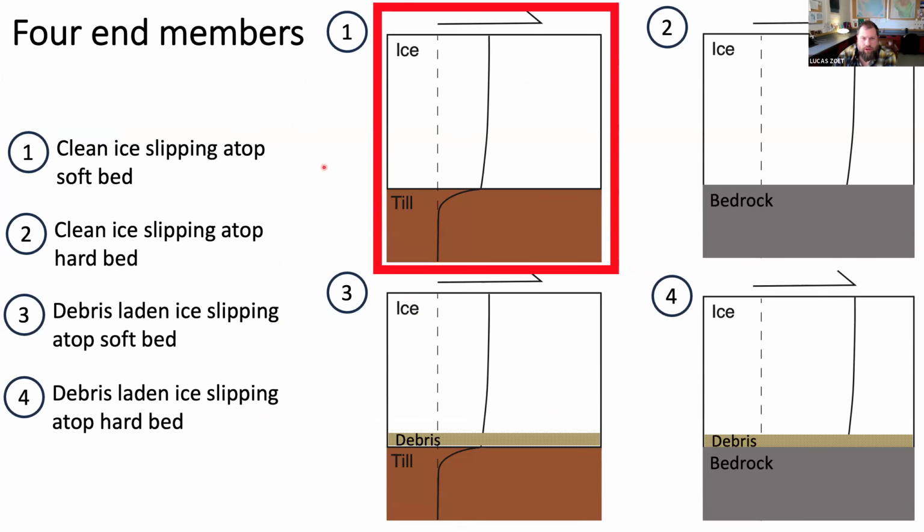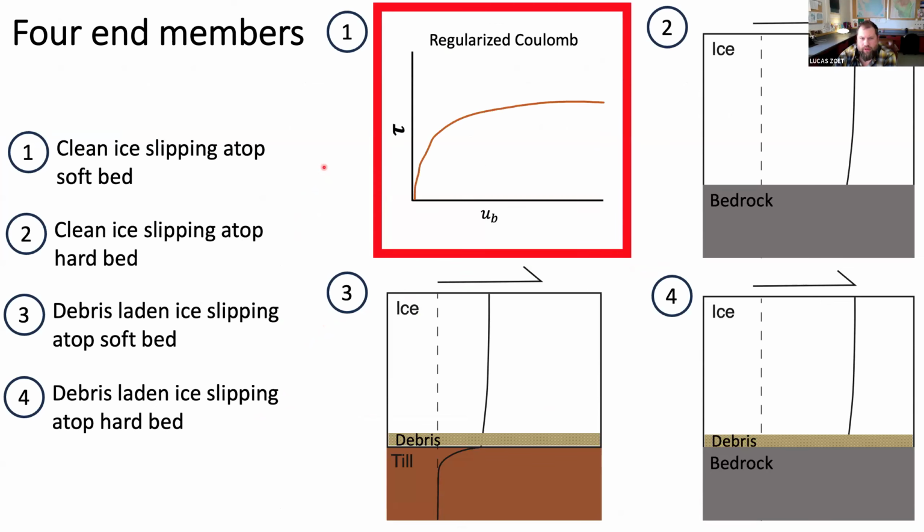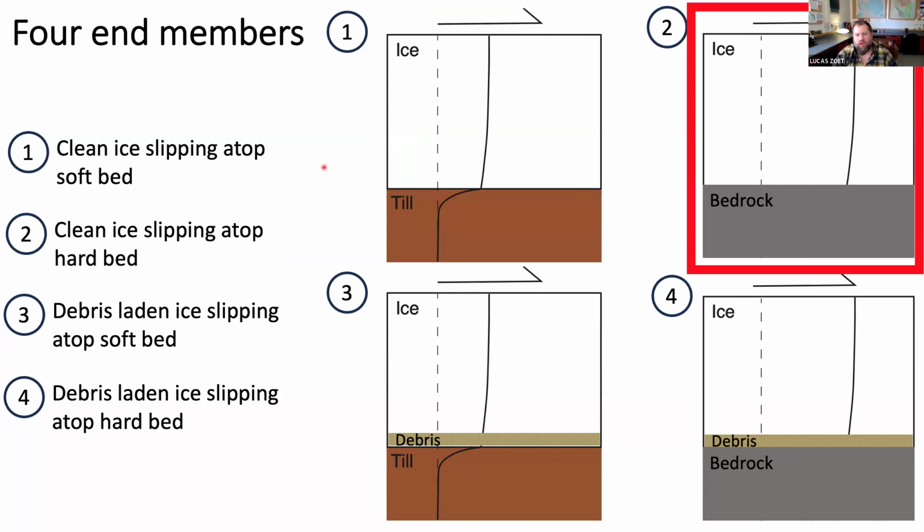And so when we look at the general response of debris-free ice sliding over a till bed, or deformable bed, what we find is something that looks like a regularized Coulomb response, right? And we can explain the mechanics that are going on, and we can give you a way to parameterize it that doesn't have any tuning variables. Like, for example, if you gave us some till, we could tell you what all of those parameters are. There's not really any tuning per se in this.